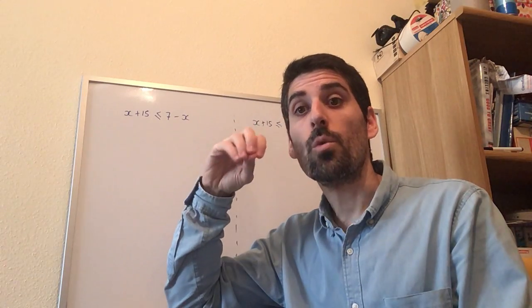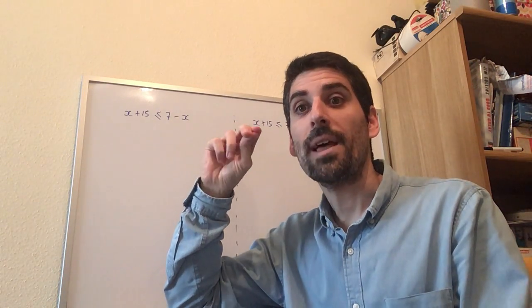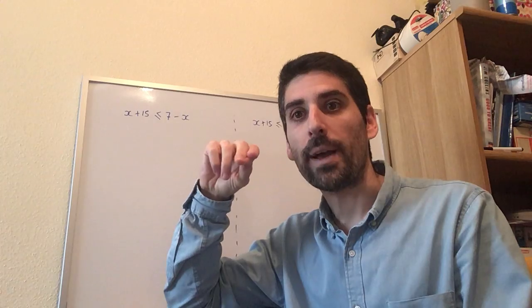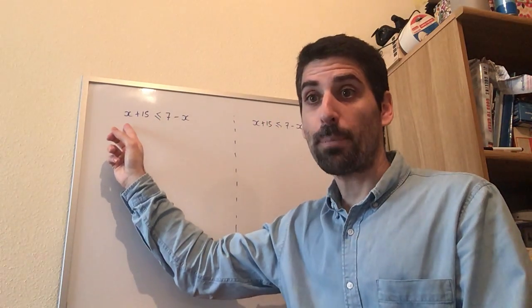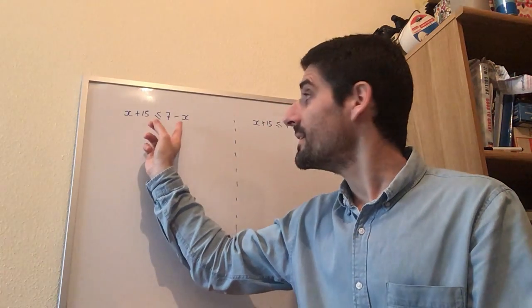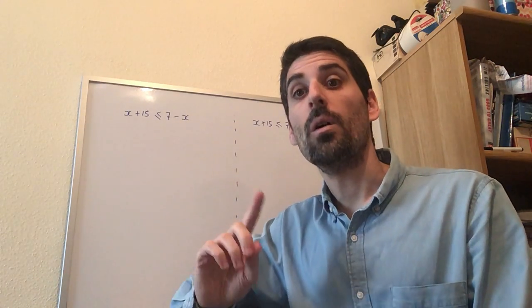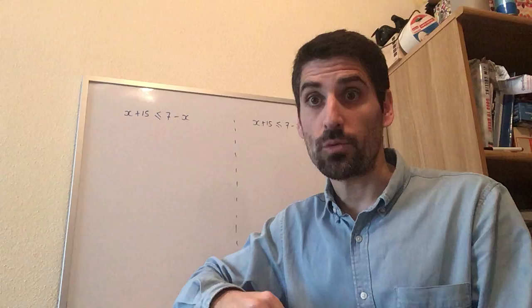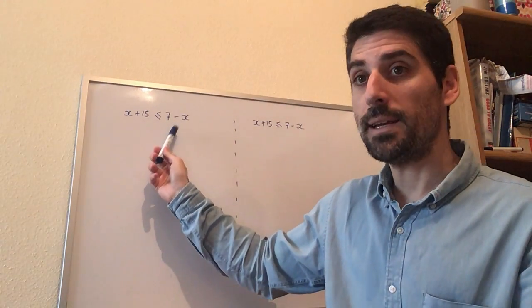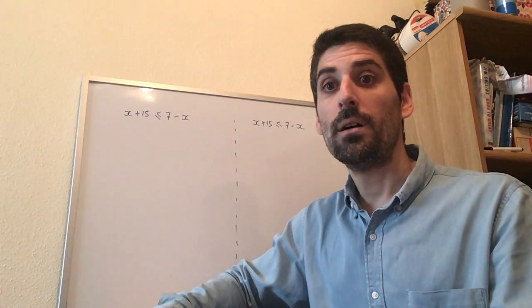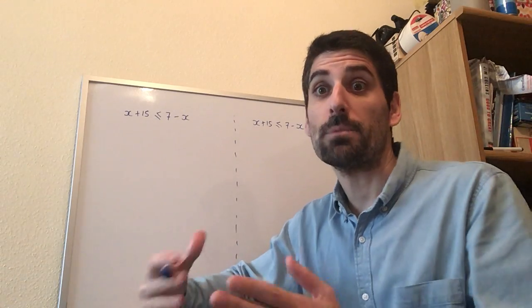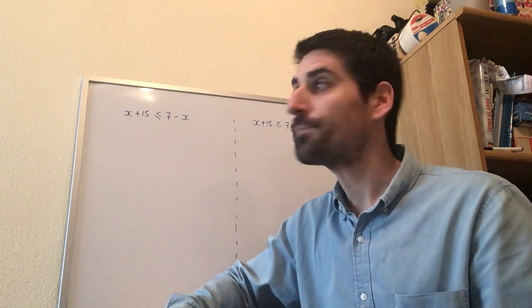The question was, which side has got the least amount of x? This x is positive, it is 1x. This x is negative, it is minus 1. And last time I checked, 1 is bigger than minus 1. So this side here has got a lower amount of x because minus 1 is less than 1.